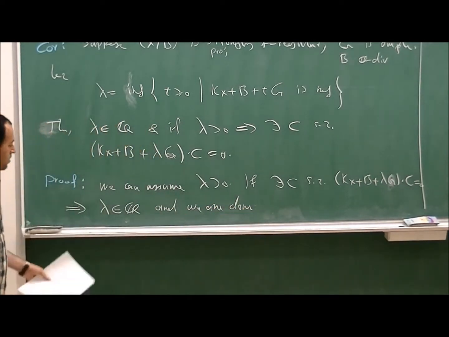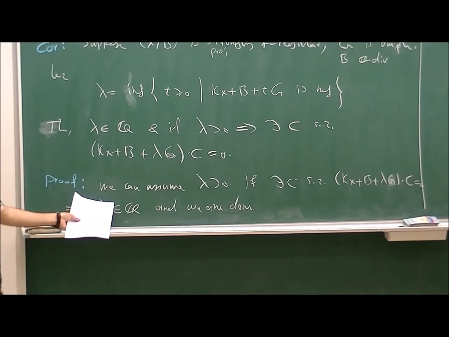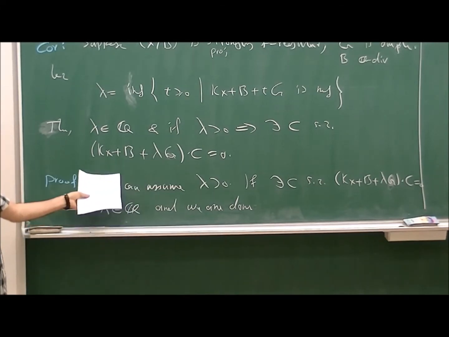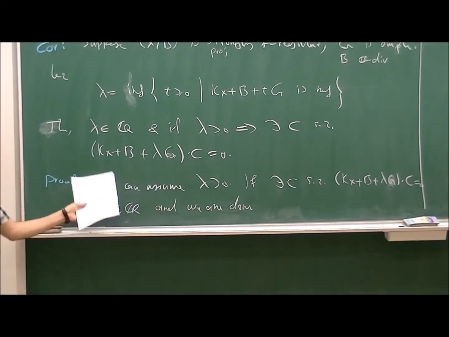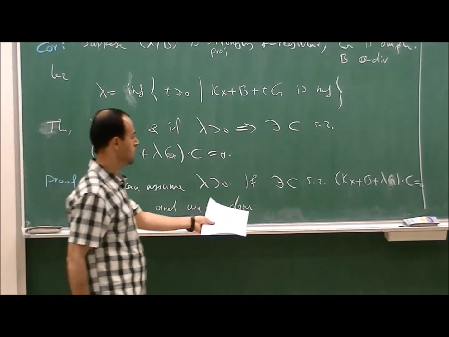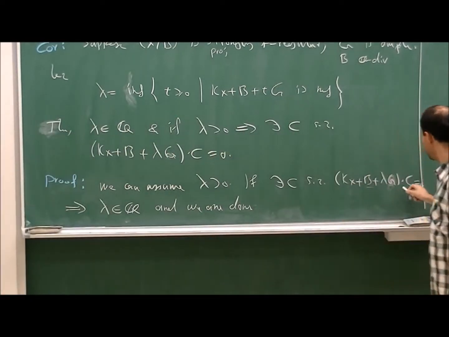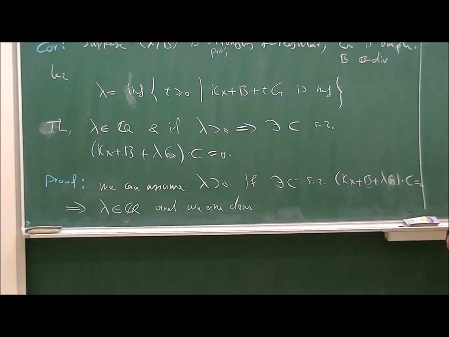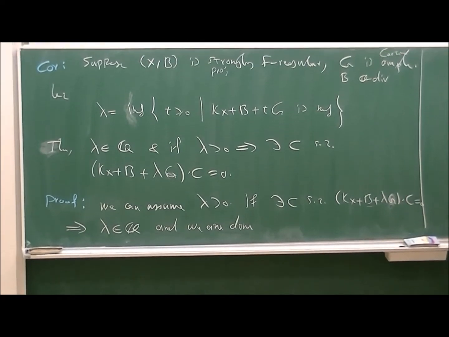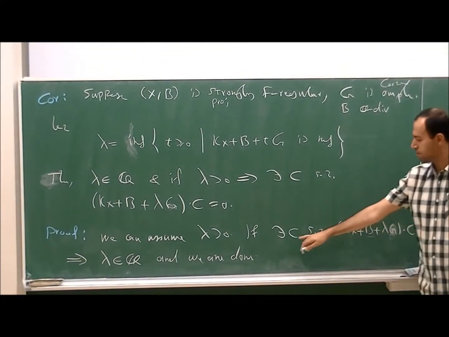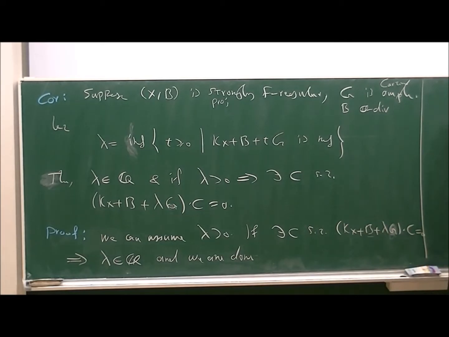Sorry, you don't even need a theorem. If there is such a curve, then trivially lambda is rational, because these are all Q-divisors. You calculate the intersection number, and it gives you lambda to be a rational number. So all you need is existence of this kind of curve C.